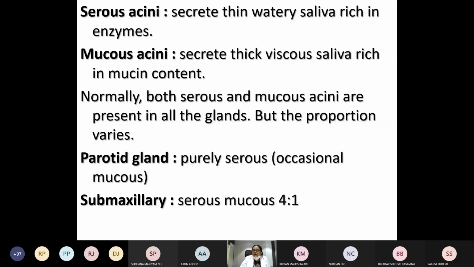Normally both serous and mucous acini are present in all the glands, but the proportion varies. In the parotid gland, it is purely serous, with occasional mucous. Submaxillary, serous to mucous ratio is 4:1.